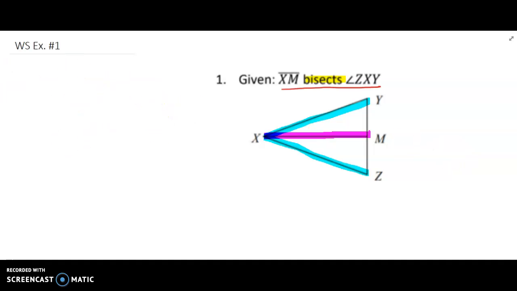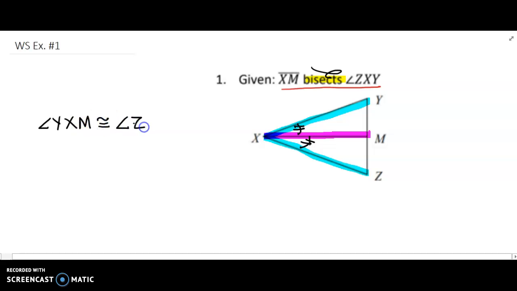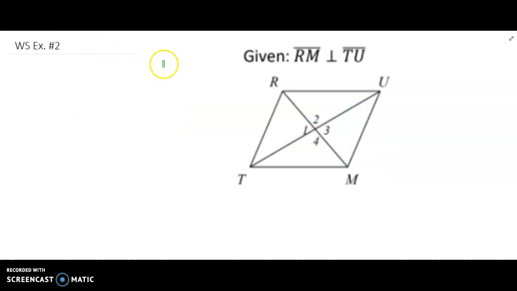So I can tell you that this angle here is congruent to this angle here. So I've highlighted it, I've marked it. Now I need to write it out. So angle YXM is congruent to angle ZXM. And that is all you'd need to do for that one.